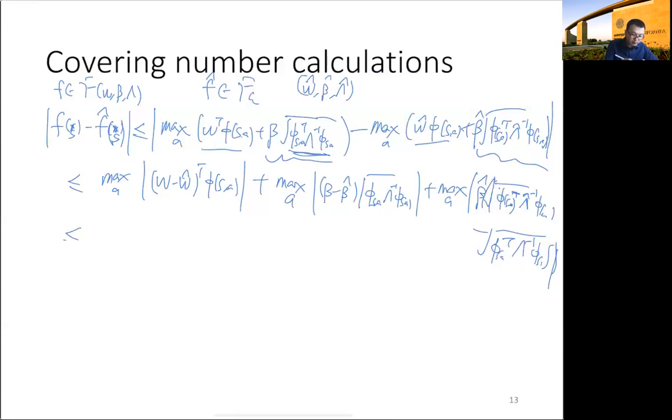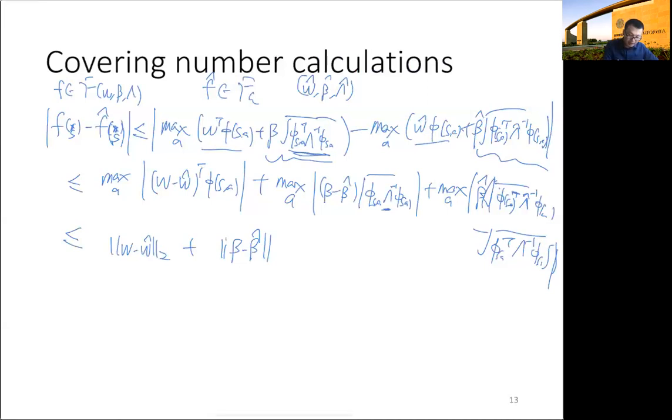Now we can apply the standard Cauchy-Schwarz inequality and bound the first term by the norm of W minus W hat, and beta minus beta hat. Notice that this one is regularized, so the maximum singular value of this lambda inverse matrix is smaller than 1 over lambda, so the square root of that is 1 over square root of lambda.